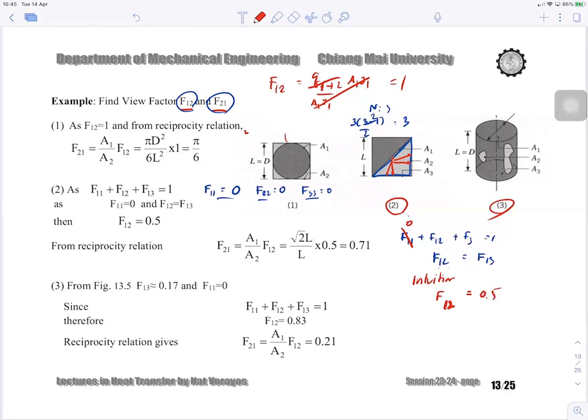Because F12 equals F13, this gives you F12 plus F12, and you solve it, you're going to have F12 equal to 0.5.